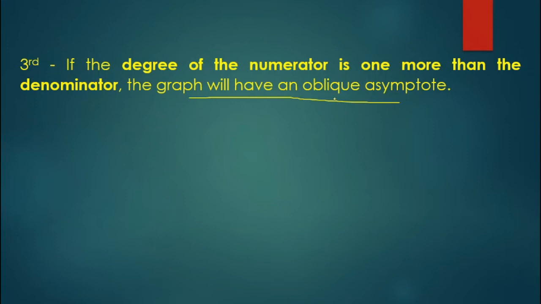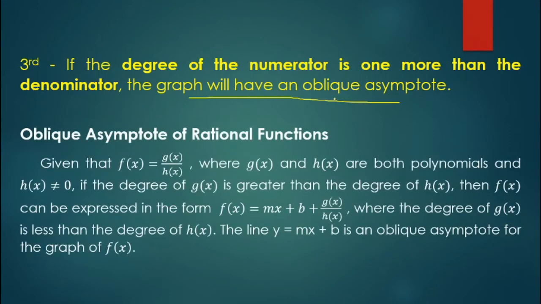Nakaslant yung ating asymptote. So, if the given is oblique asymptote, ito yung kanyang magiging form. So, f of x is equal to mx plus b plus g of x over h of x. And the line y is equal to mx plus b is an oblique asymptote for the graph of f of x.